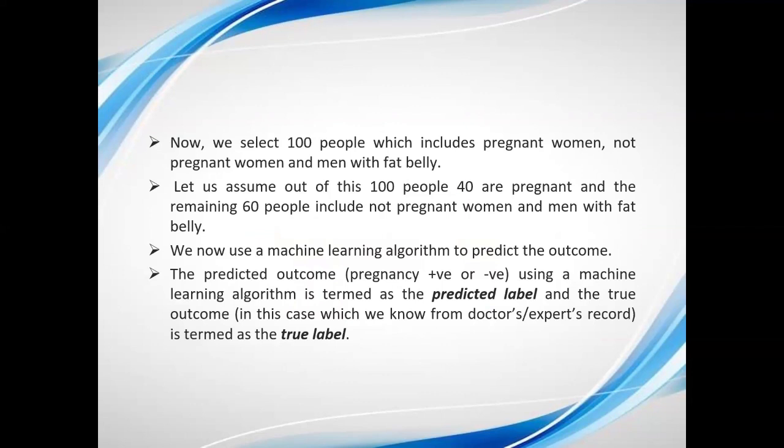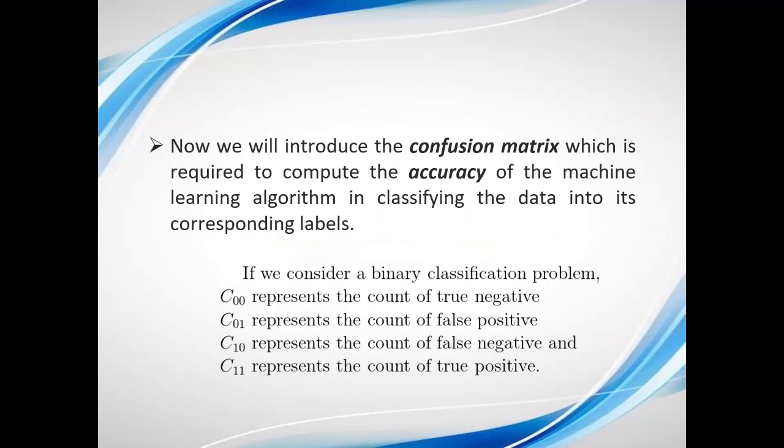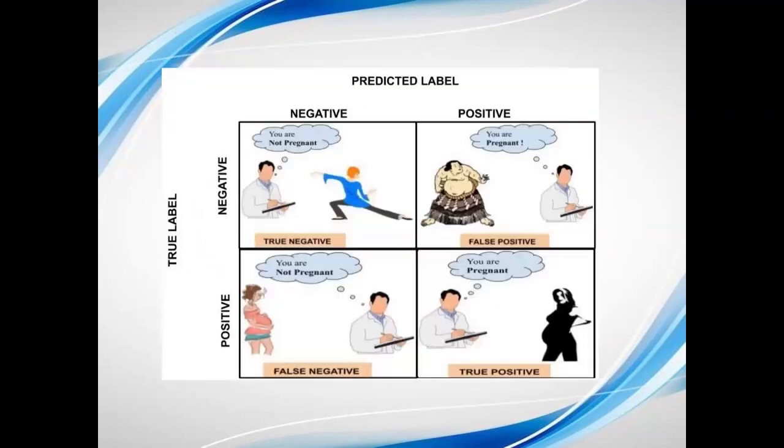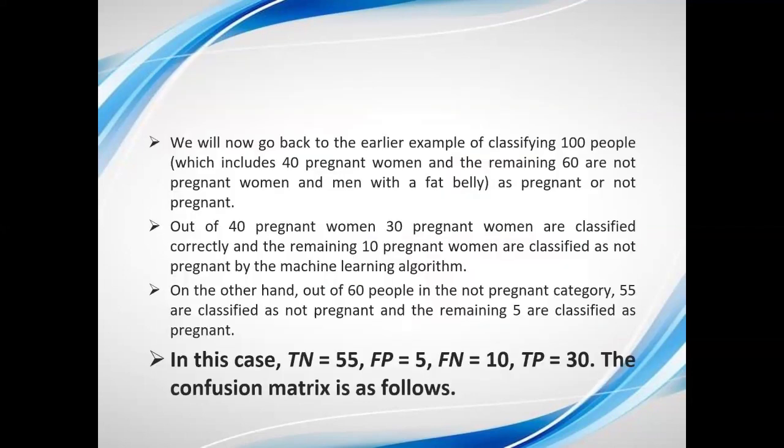Now the machine performs the classification. Of the 40 pregnant people, the machine correctly identifies 30 and wrongly identifies 10.